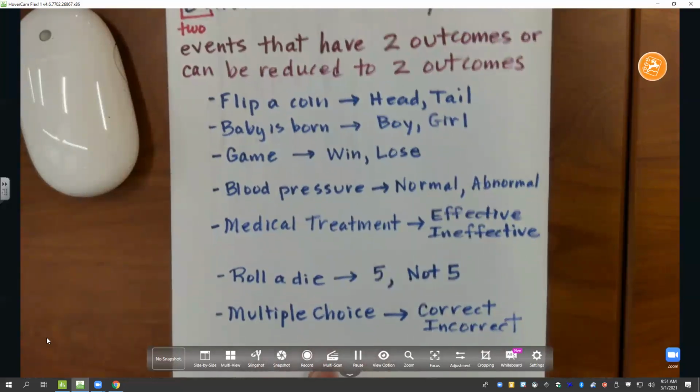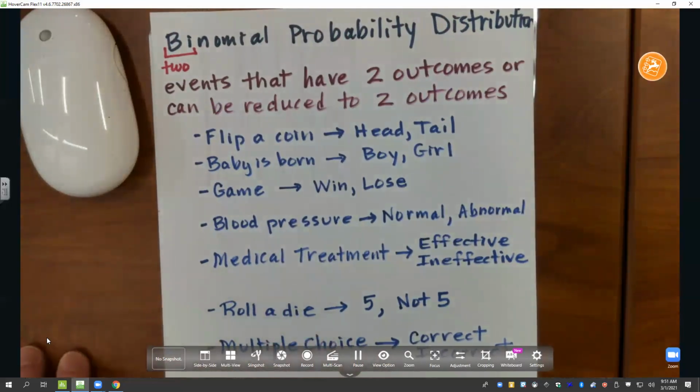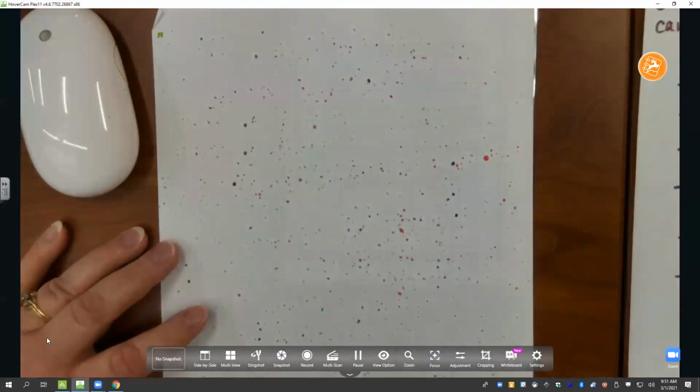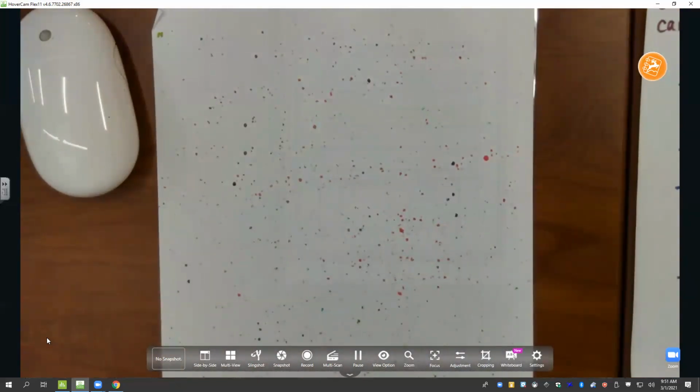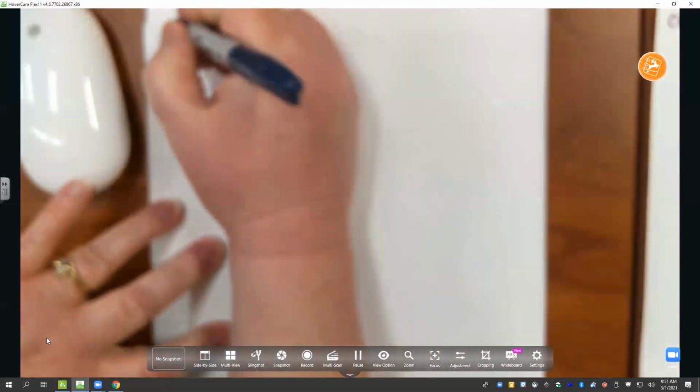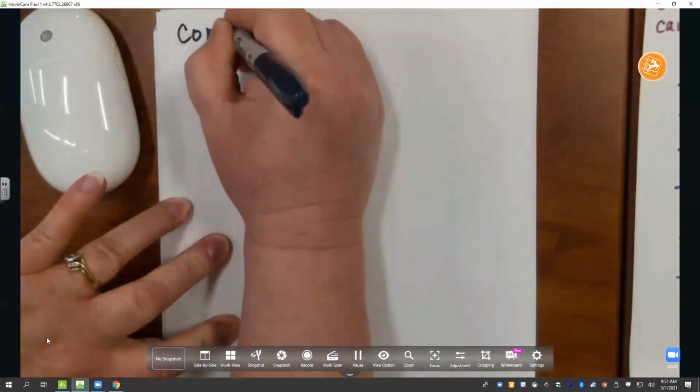There are 4 conditions that must be met in order for you to say, this is a binomial experiment and I can create a binomial probability distribution. So let's talk about those 4 conditions.